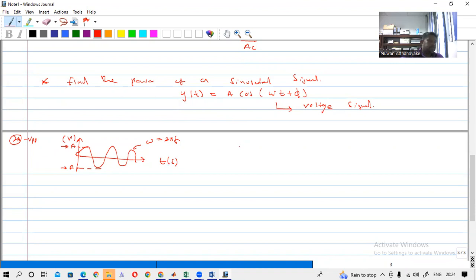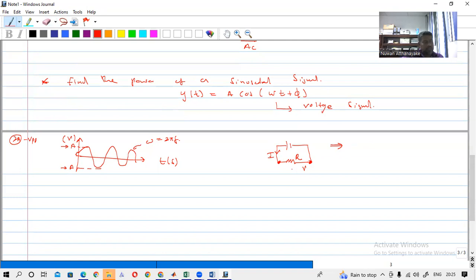You know that if you get a battery and connect it to a resistor, let's say the voltage across this resistor is V. This is a DC value, so V is not changing.